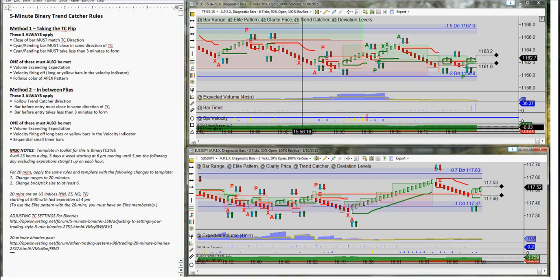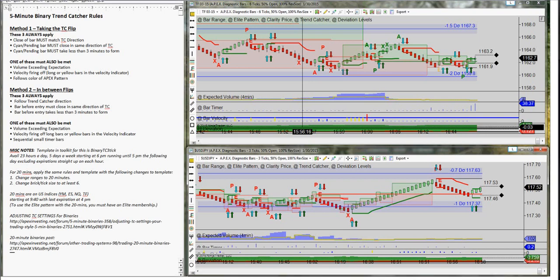Some people want it to flip faster. Some people want a definite trend in there before they jump in. No matter what, tweak it to fit your style. And basically the same rules apply for the 20 minutes as for the 5.